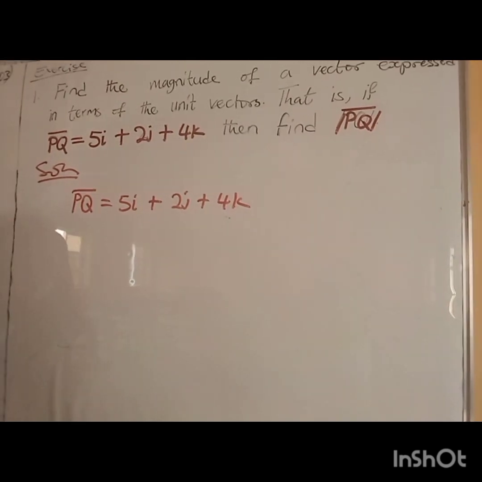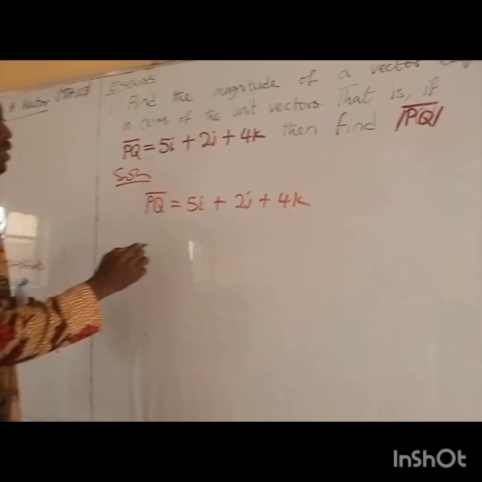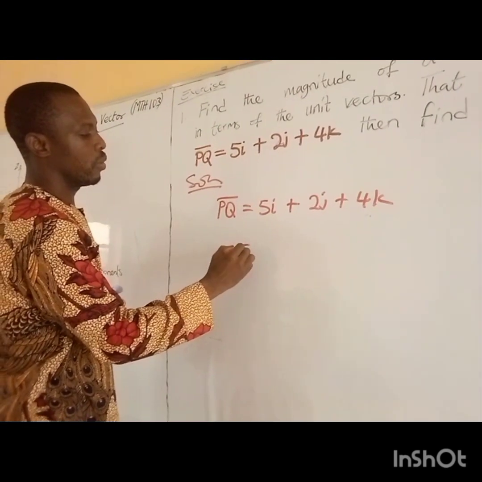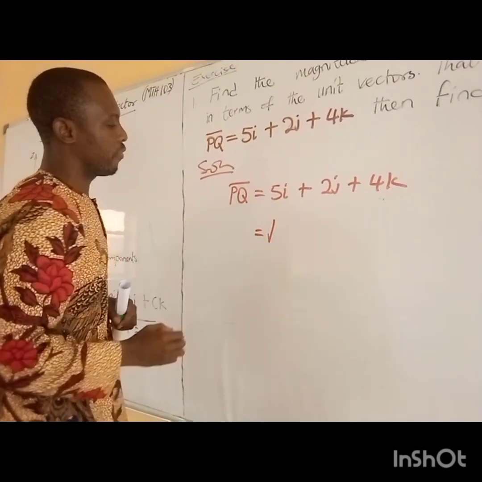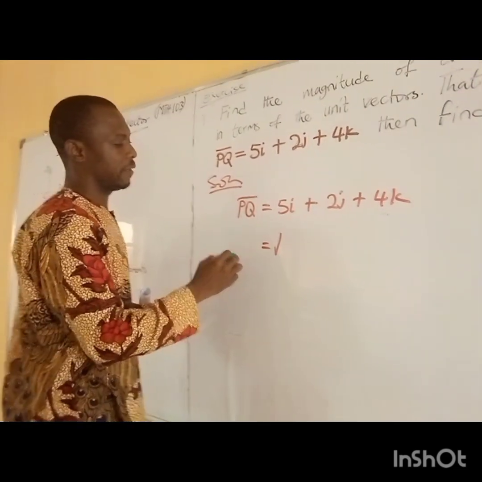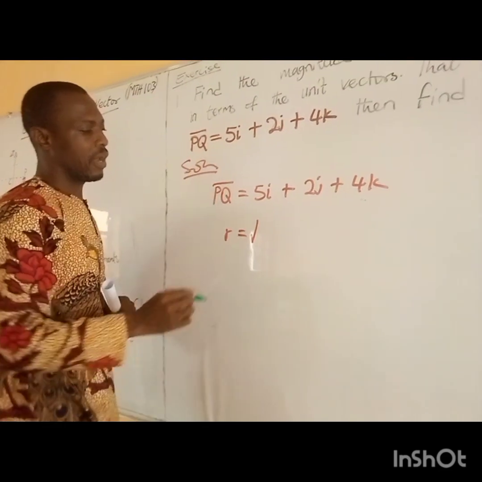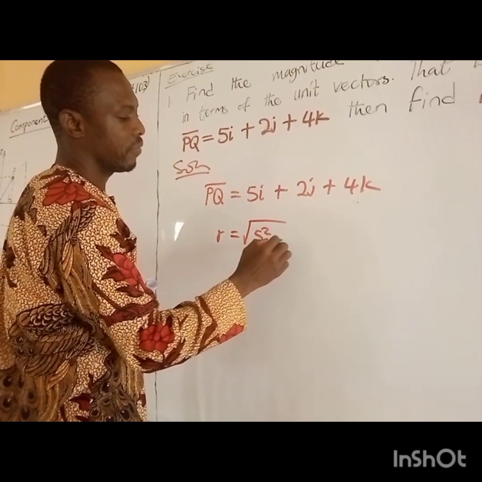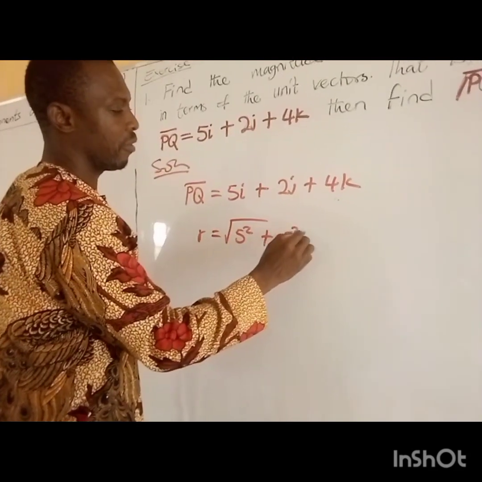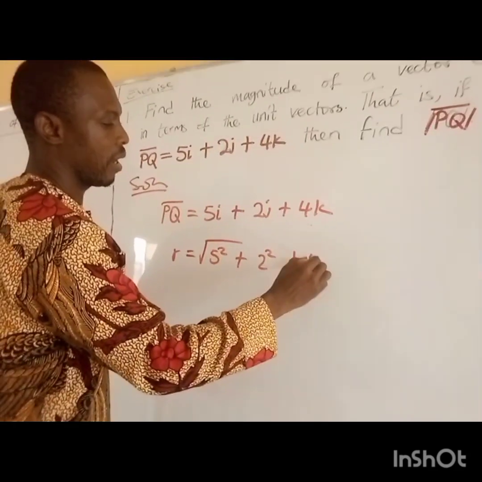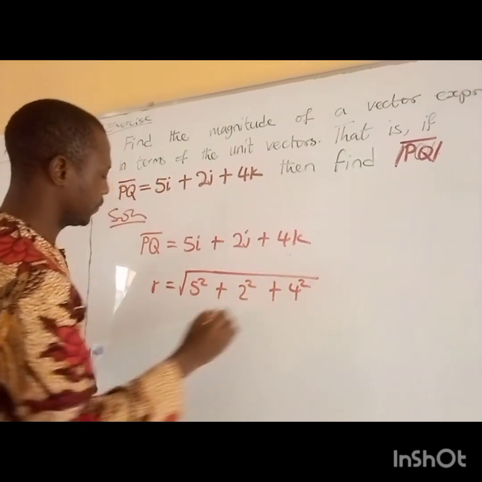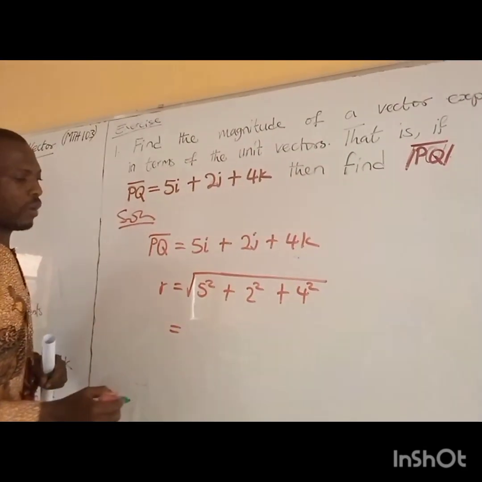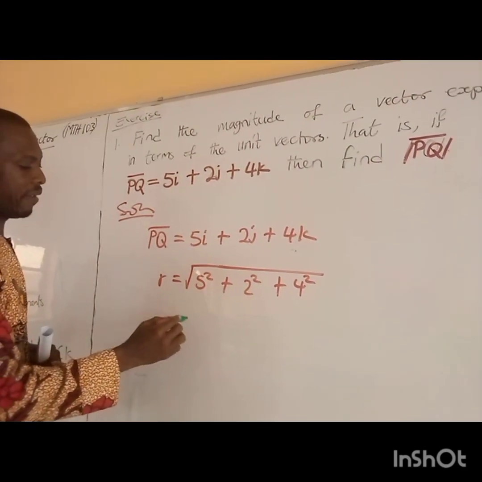Having written this down, you now take the square root of the squares of each of them. You now say R is equal to the square root of the square of 5 plus the square of 2 plus the square of 4.